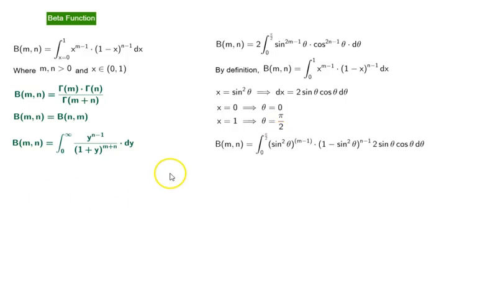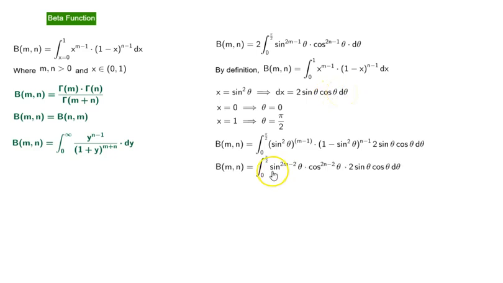So now carrying out the substitution, we get beta of m comma n is equal to the integral from 0 to pi by 2 of, we have x, so sine square theta to the power of m minus 1 times 1 minus sine square theta to the power of n minus 1 times 2 sine theta cos theta d theta.